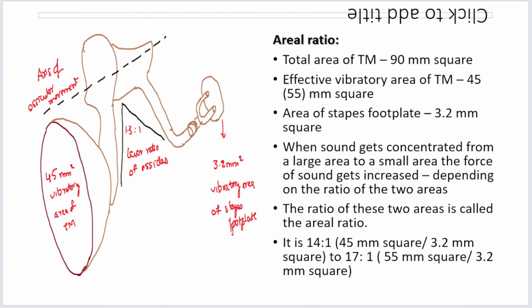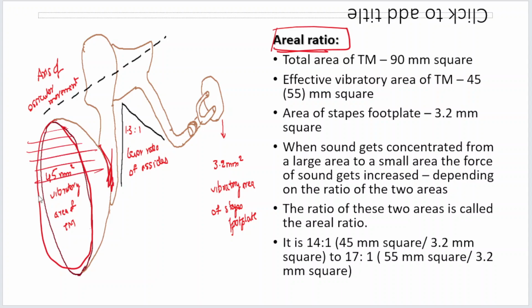Now, coming to the areal ratio. If this is the tympanic membrane, it is curved inward because of the handle of the malleus. The total area of the tympanic membrane is 90 millimeter square, but the entire membrane does not vibrate.